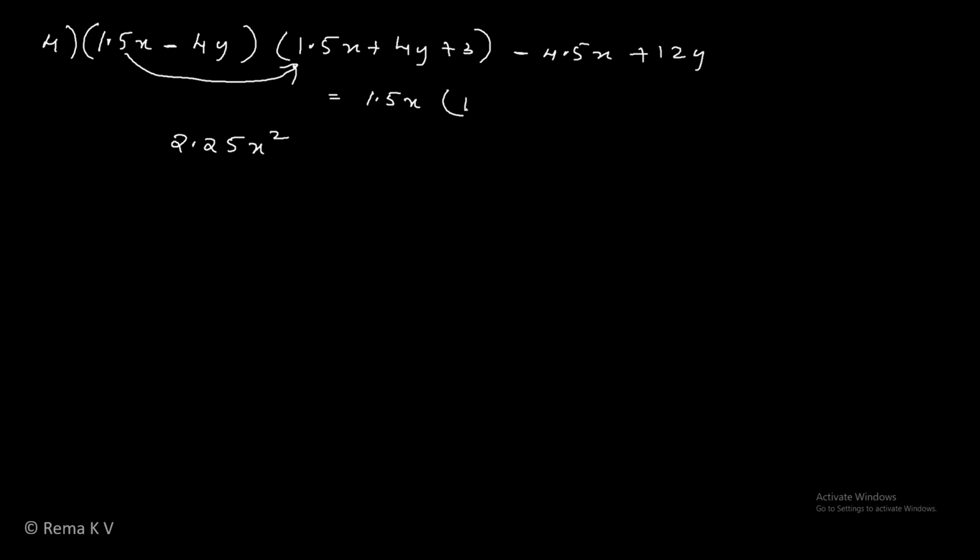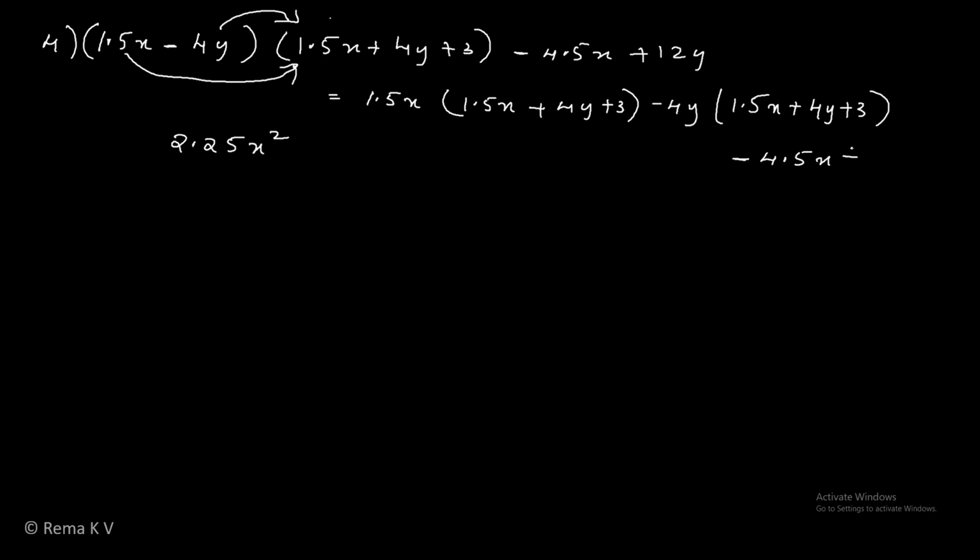1.5x into (1.5x + 4y + 3), then minus 4y into (1.5x + 4y + 3), minus (4.5x + 12y).